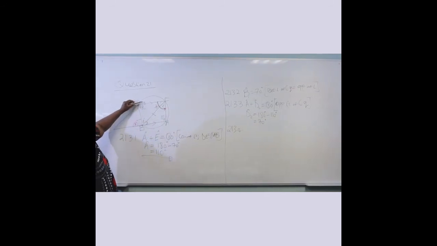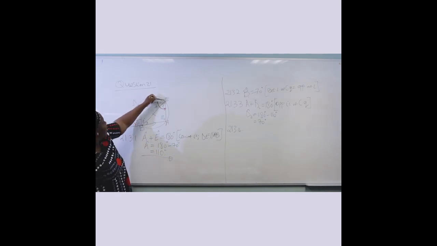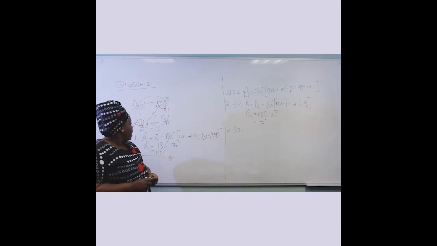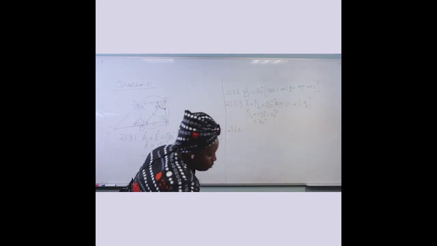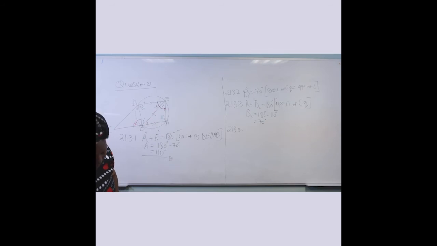Remember that this side DE is the same as DB. Now, if that's the case, we can find our B2 using this triangle. How? Angle D2 is the same as angle B2 because the sides are equal.